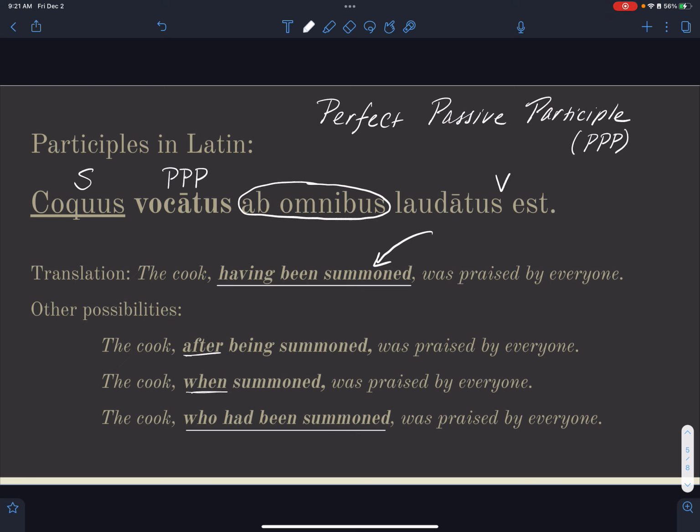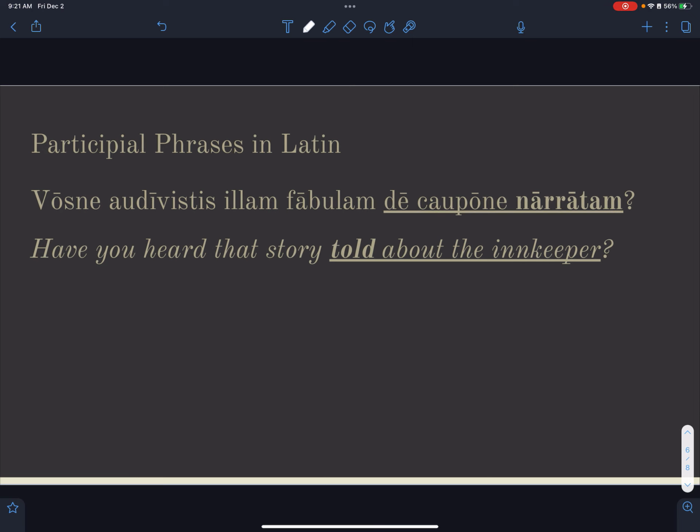Okay, so that's just a participle on its own, acting as an adjective. Now, there's something called participial phrases, meaning it's a participle, but there's more going with it. I've bolded the participle and underlined the participial phrase so you can see what's going on here. Naratam is our PPP.